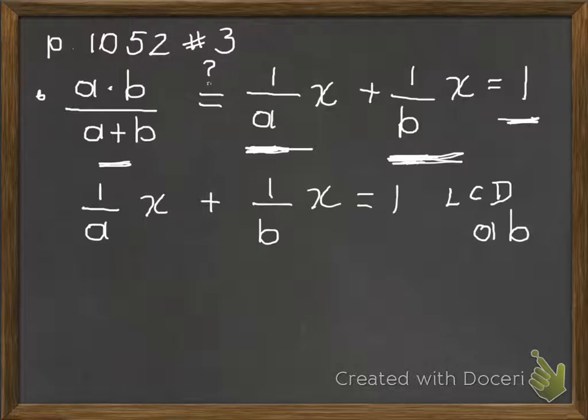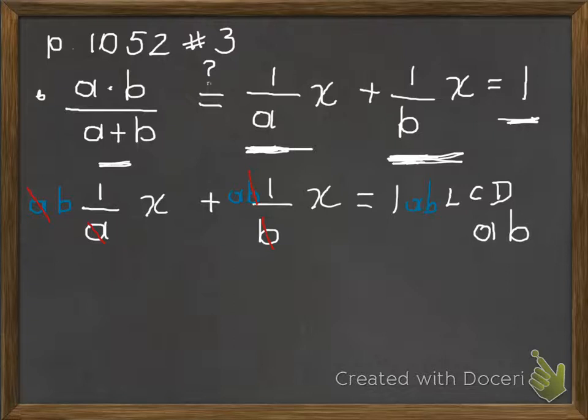So I'm going to multiply this term by AB, this term by AB, and this term by AB. Okay? And then you see that the A's cancel, the B's cancel, and over here on the right side of the equal sign we'll have AB.